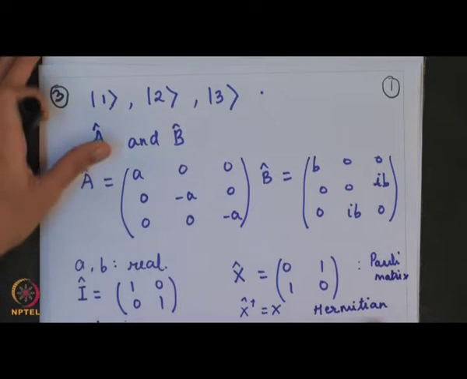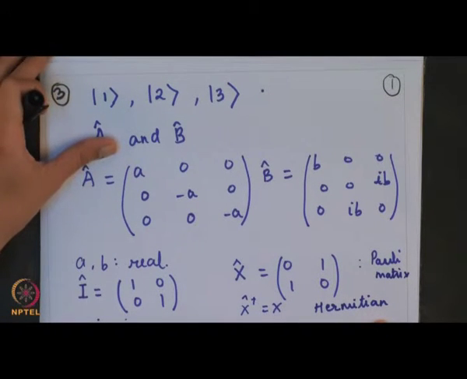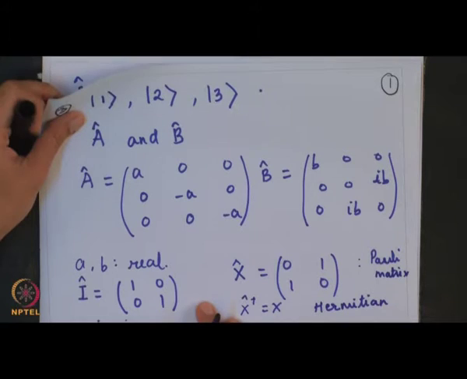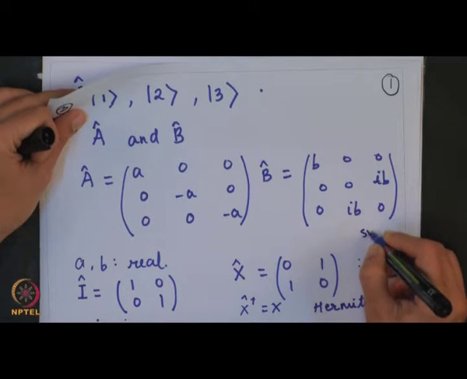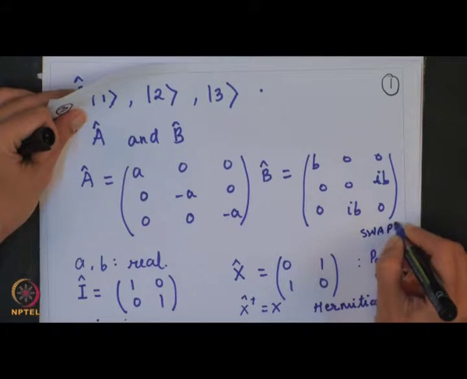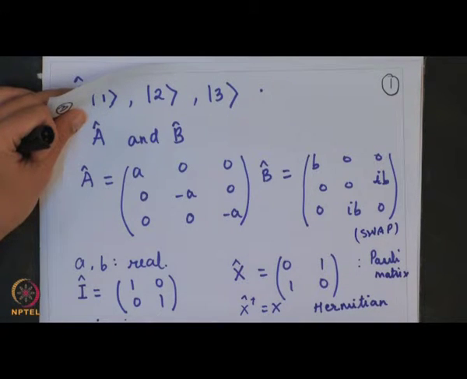The eigenvalues of a Hermitian operator are real, and this operator is also called the swap operator. The eigenvalues of this operator are simply 1 and minus 1.